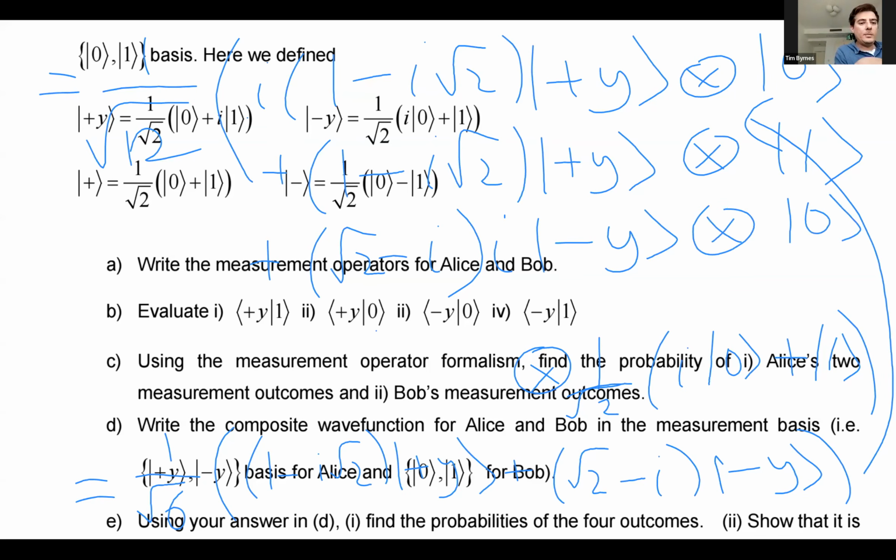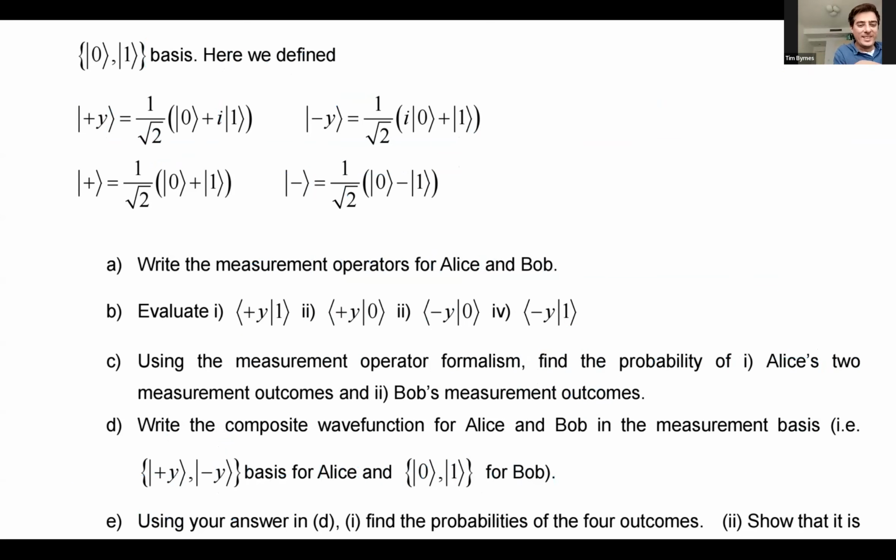And the final term is this term and this term. So that is root 2 minus i, and then minus y times 1, and then close brackets. Oh shit.